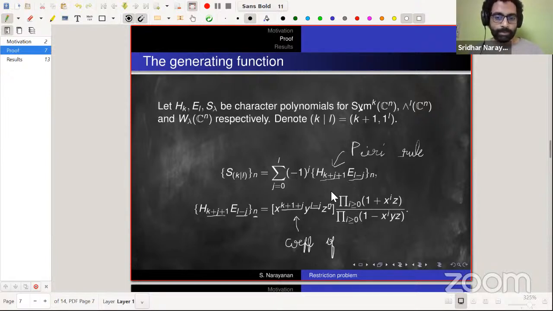So in particular, if I'm trying to express this moment here, it will be the set of all diagrams which have n total parts, L minus j green parts, and the sum of all of their levels is k plus j plus 1. So we are now able to express each of these moments as the cardinality of a certain set of diagrams. So we basically have an inclusion-exclusion sum of sets.